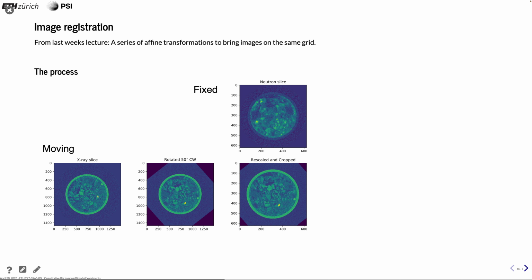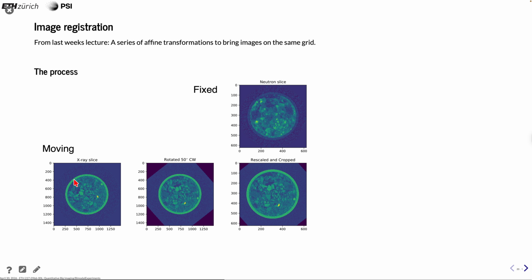And this time we are trying to do a registration between images with different information, different contrasts. If you look at these two images, this is a neutron tomography slice, and this is an X-ray slice of the same sample at the same position. We want to combine these somehow, and the question is how.